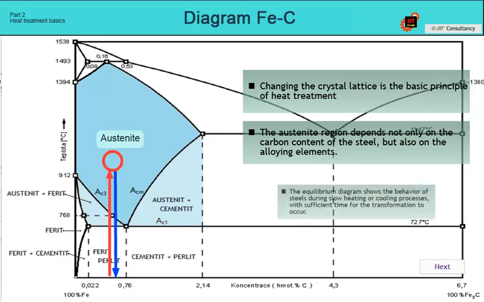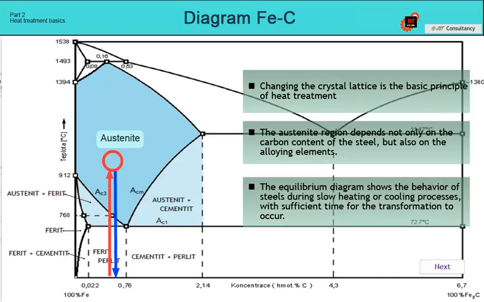To further understand these phenomena, it is necessary to remember that the equilibrium diagram shows the behavior of steels during slow heating or cooling processes, with sufficient time for the transformation to occur. However, the situation will be different during rapid heating, especially during rapid cooling.